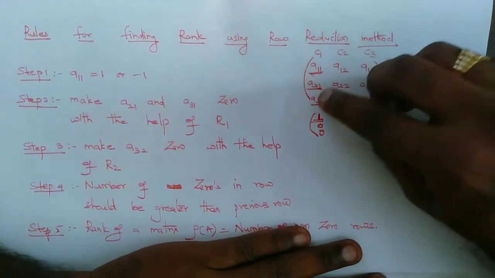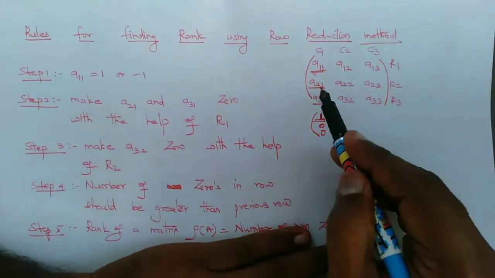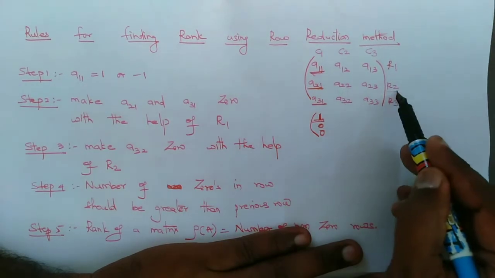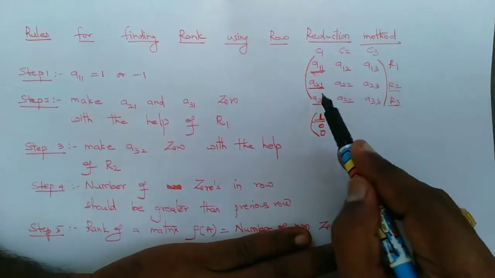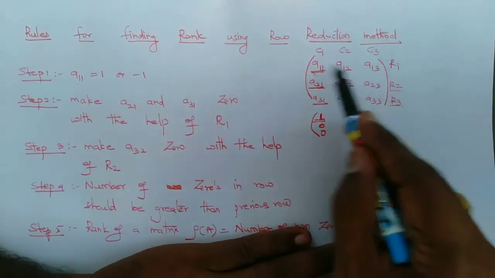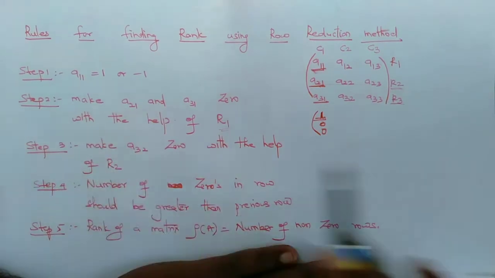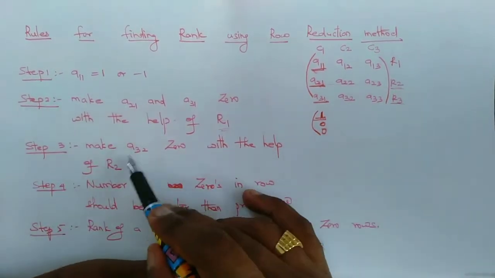A21 is in R2, A31 is in R3, so the whole row changes. There is no change in R1.